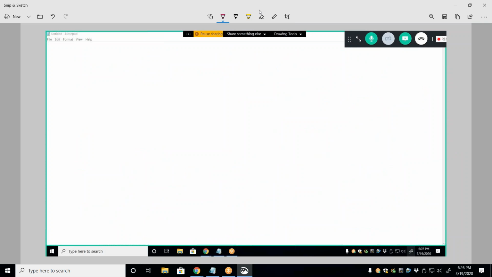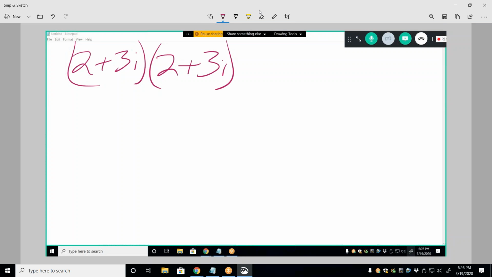So it's another squared one. So it's 2 plus 3i squared. Now, you could use the faster method to do this, which is (a plus b) squared.